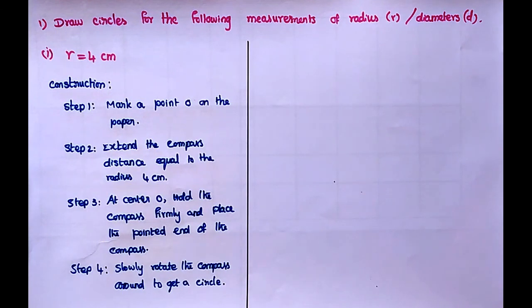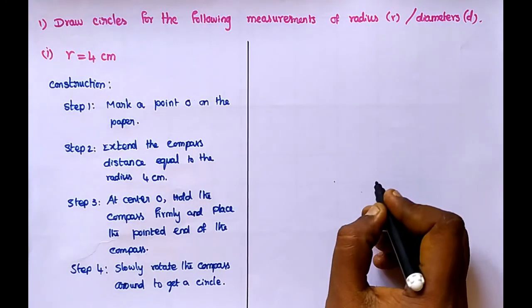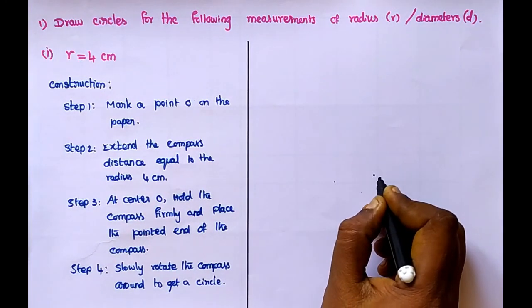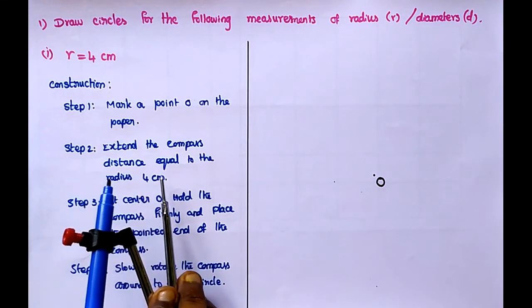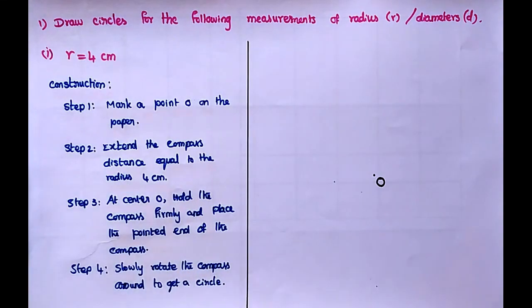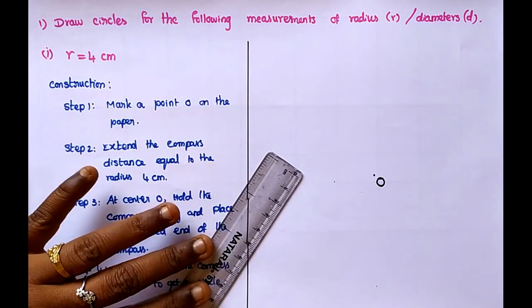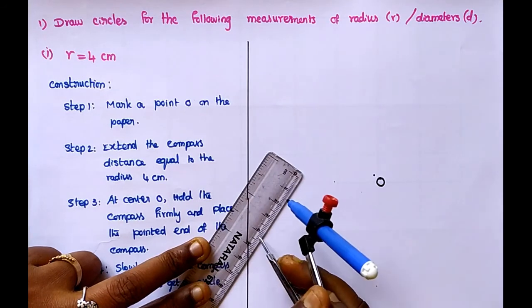Now the construction. First step, mark a point O on the paper. Next, take your ruler and compass and extend the compass to a distance equal to the radius, 4 cm.